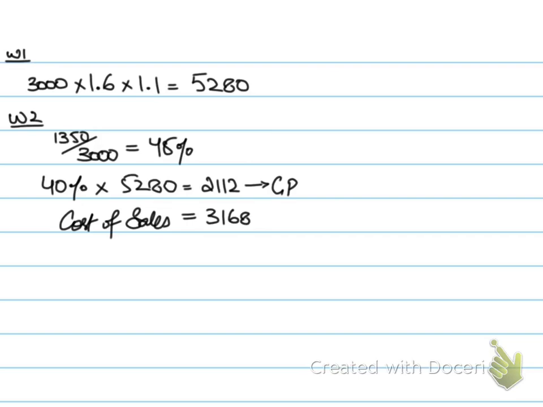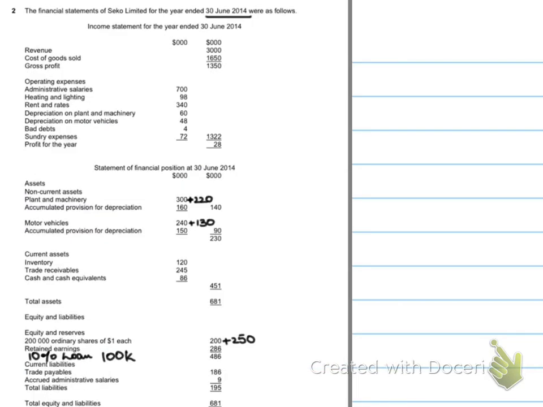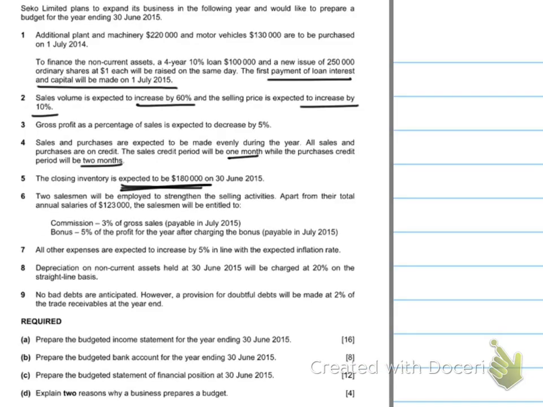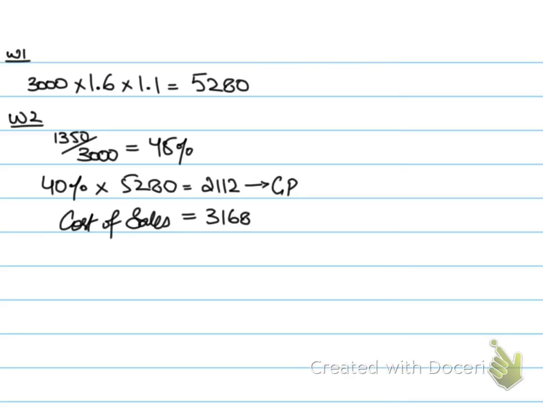I know my opening inventory from the given balance sheet, that's 120. So I can easily calculate my purchases. You do the math and you get your purchases to be 3228.